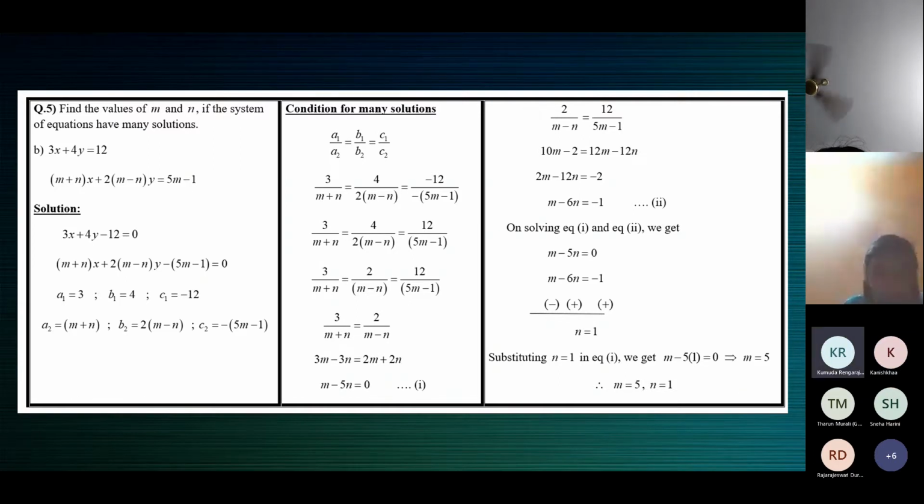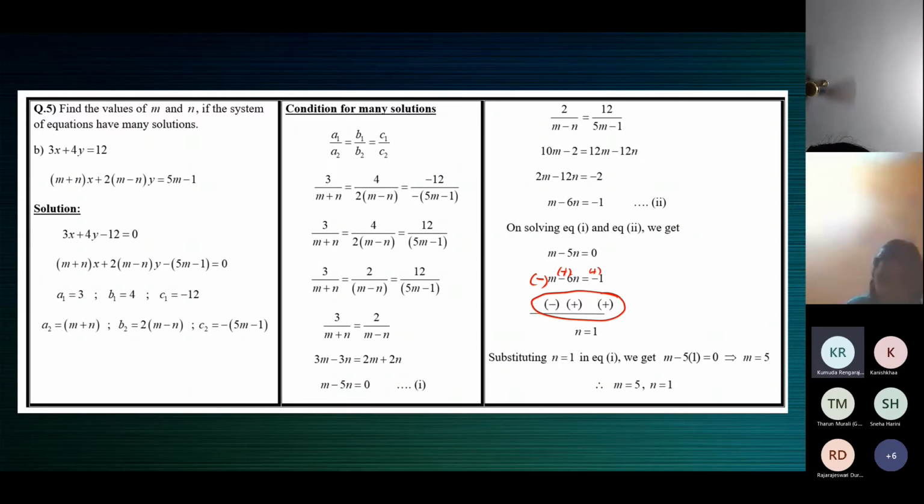See, don't get confused with these signs, children. These signs: positive m is minus m, minus 6n is plus 6n, minus 1 is plus 1.